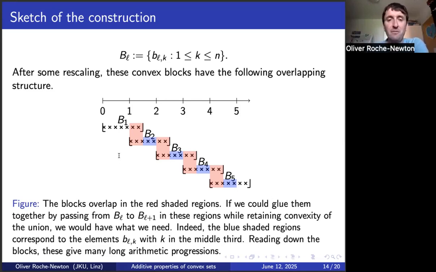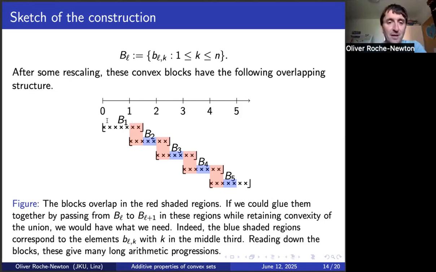So you get this kind of overlapping parts here, which are shaded in red. And then these blue parts here, which are unique to the block that they're in. So this blue sort of middle third, approximately, belongs exclusively to that block that it's in. It doesn't have to share with the next one.